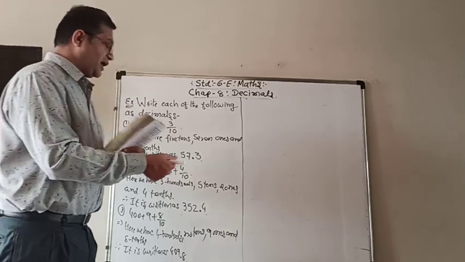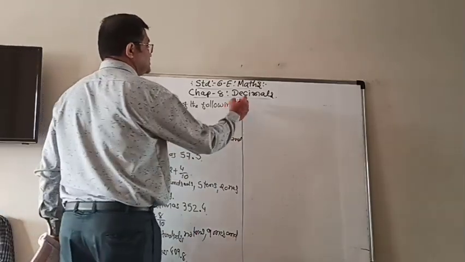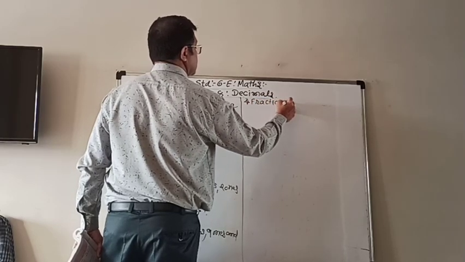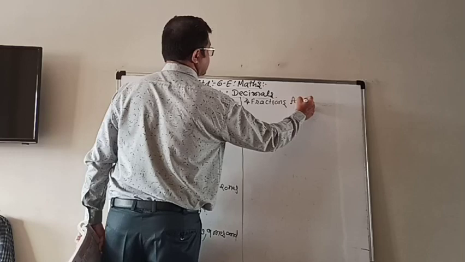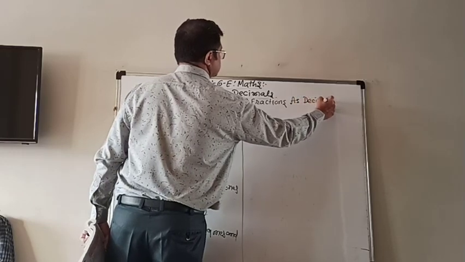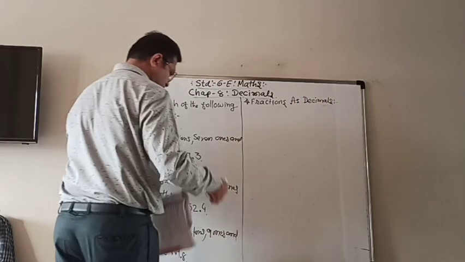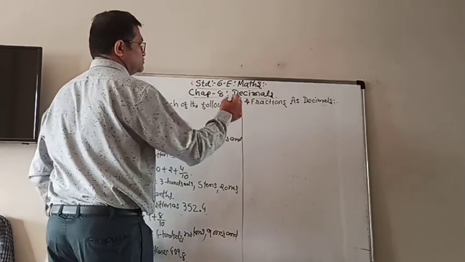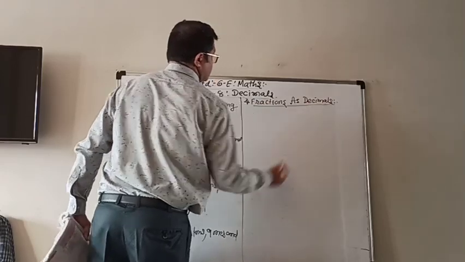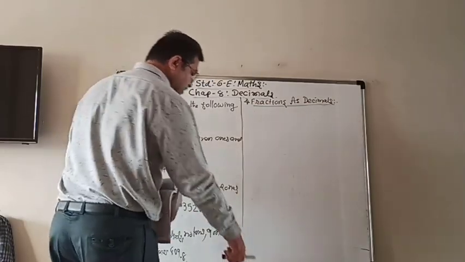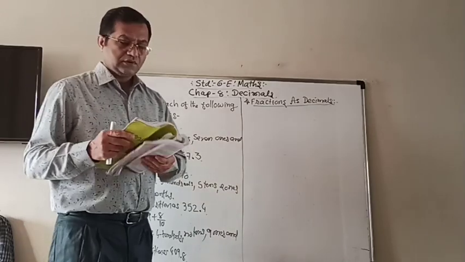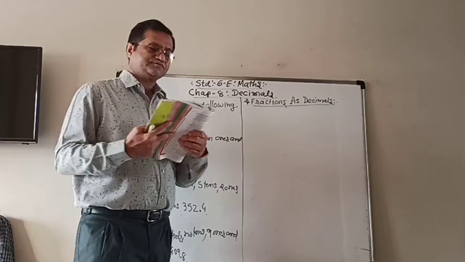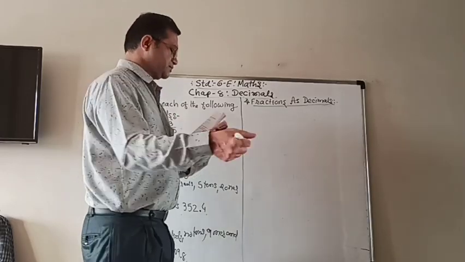Let us understand now how to write down fractions as decimals. Fractions as decimals. So when the numbers are given in the form of fraction, we know that when there is 10 in the denominator, then it can be expressed using the decimal fraction.